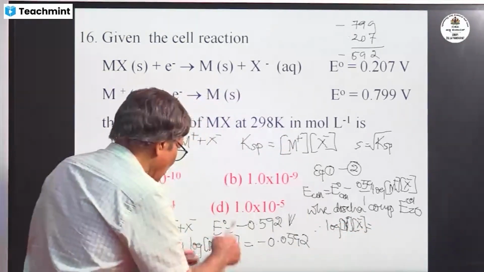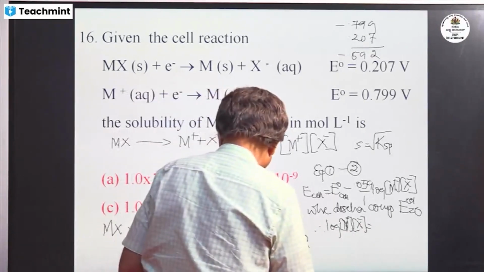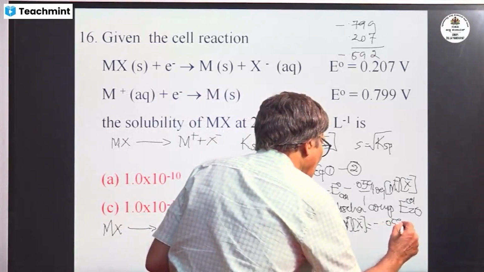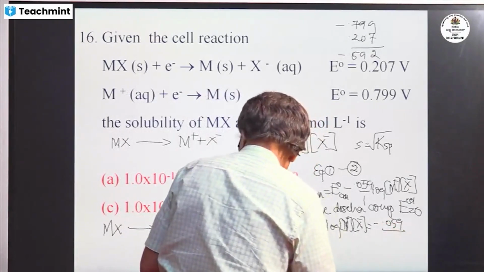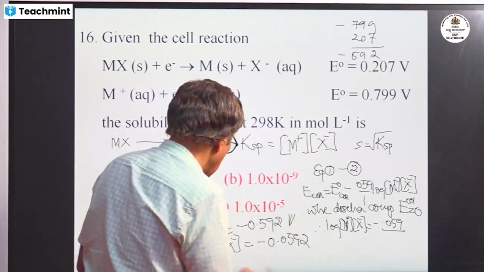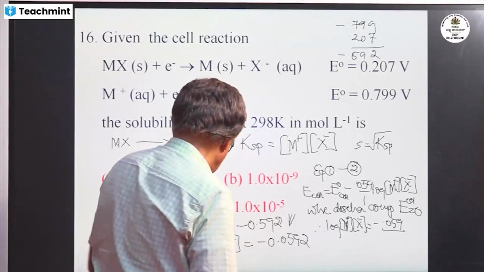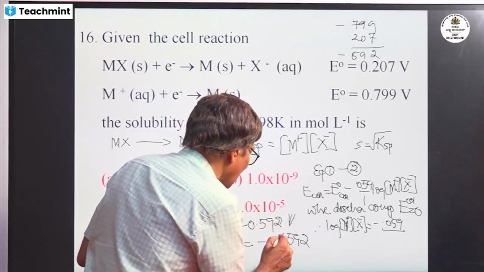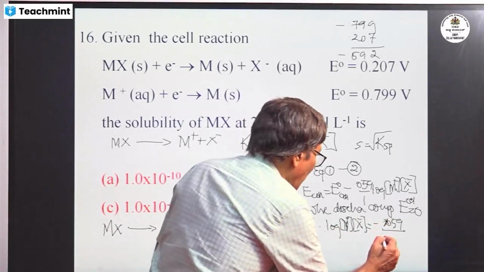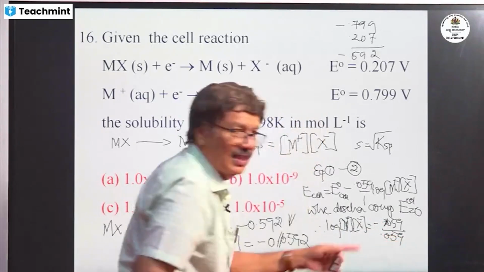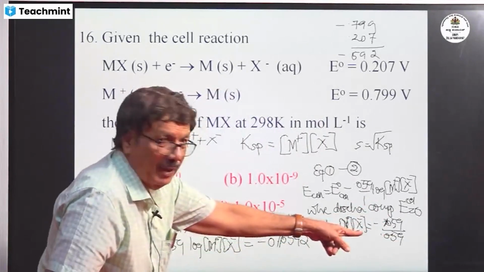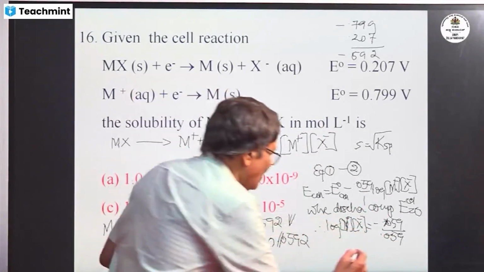So log of M plus into X minus is equal to E naught divided by 0.059, that is minus 0.592 divided by 0.059. Is it not minus 10?